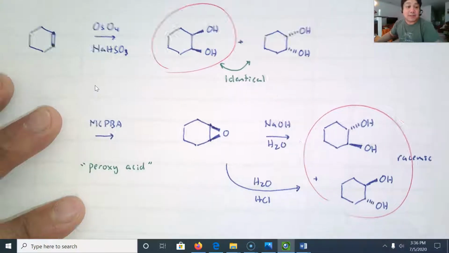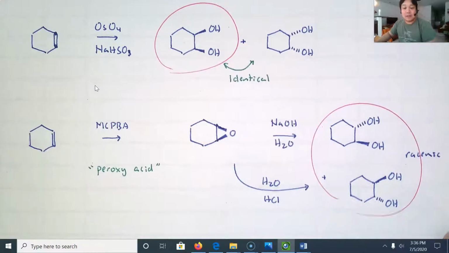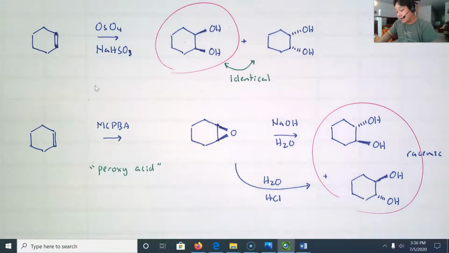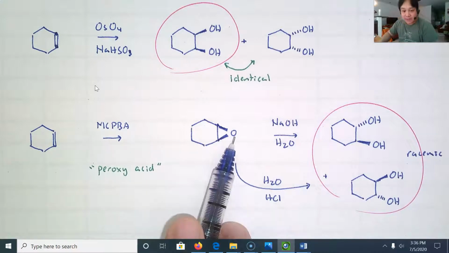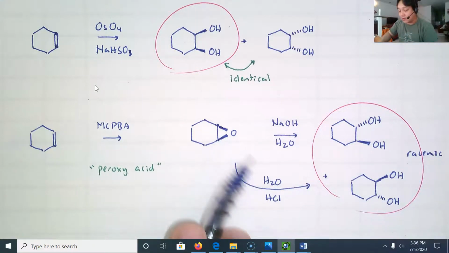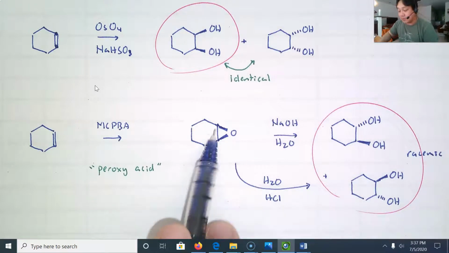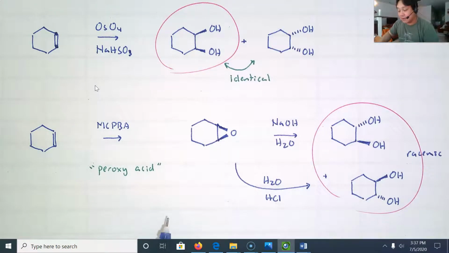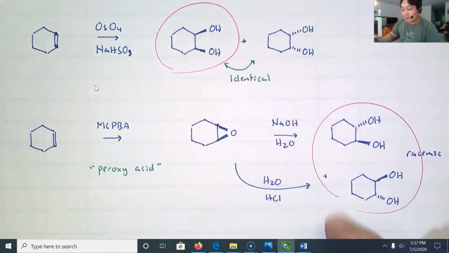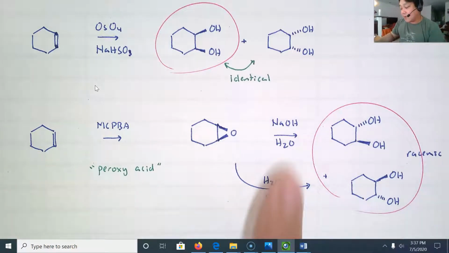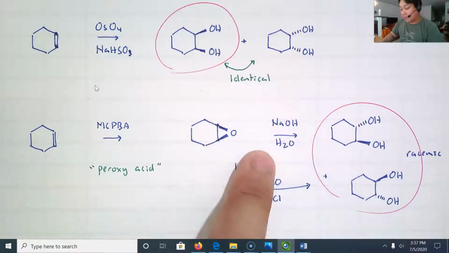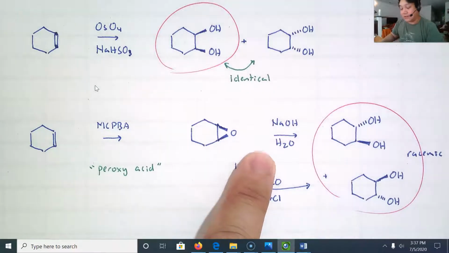But I could verbalize it, or we could verbalize it together. Now we're under acid. So we're going to protonate the oxygen first, and then the water is going to attack the carbon. And it doesn't matter which carbon in this case. If it was not symmetrical, then the water would attack the more substituted carbon. So there are two ways to get this mixture, either in the absence of acid or in the presence of acid.